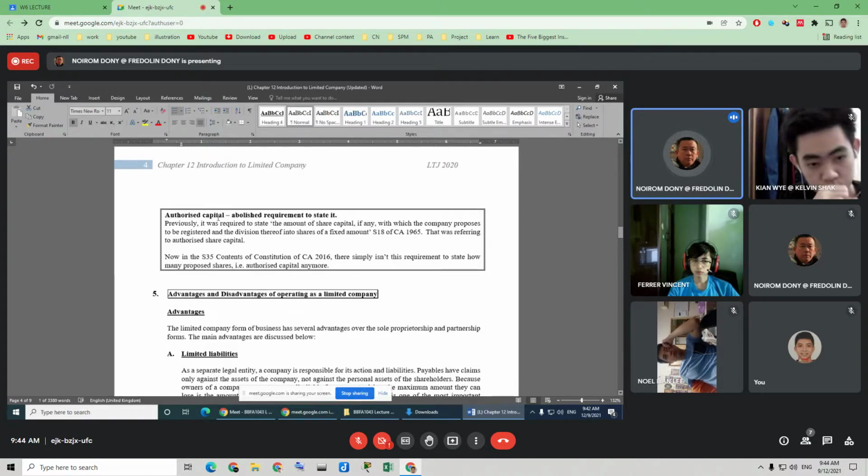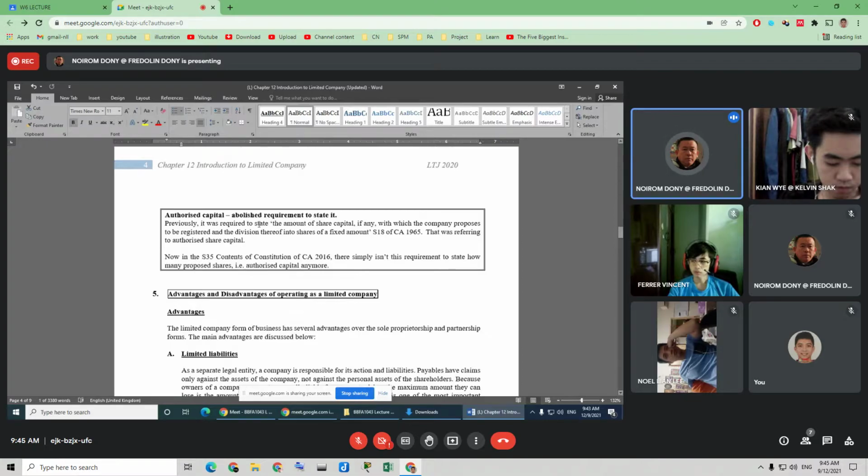Authorized capital means the amount of capital that the company can issue, the maximum they can issue, but the authorized capital can be amended through application to the Registrar of Companies. But since the existence of the Companies Act 2016, this authorized capital was abolished. The requirement to state it was abolished.